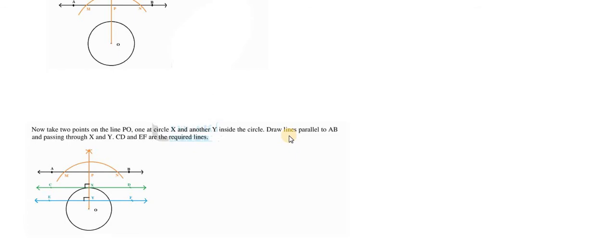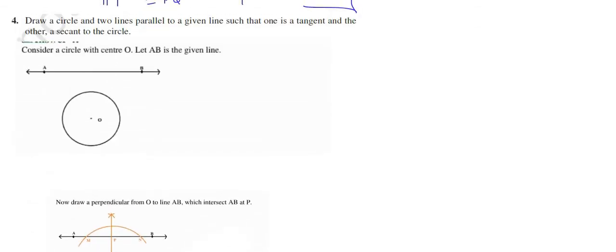This problem especially we are not able to explain theoretically. We need to do it practically using a compass and protractor, but that is not possible here. So do one thing: write this as it is and practice these problems. Later when we come to the classroom, we'll discuss this problem once again. Okay, fine.